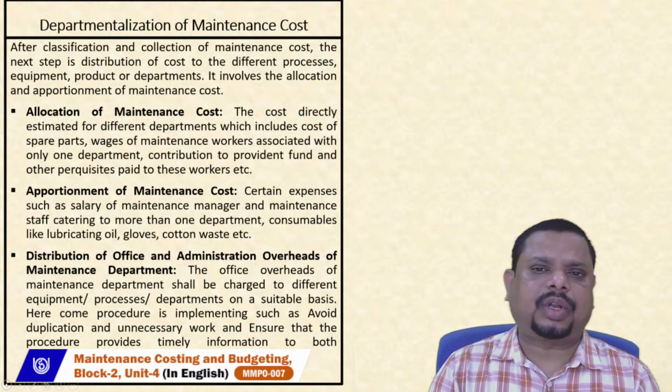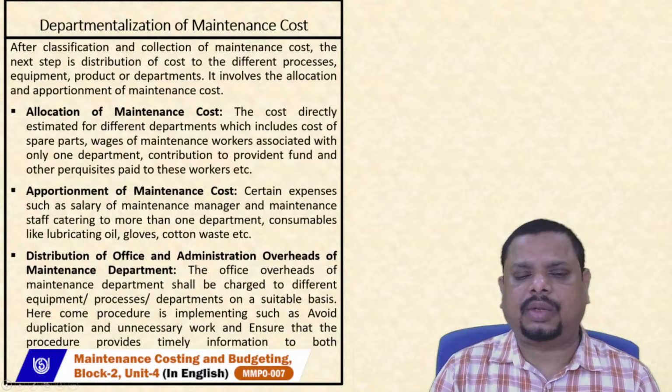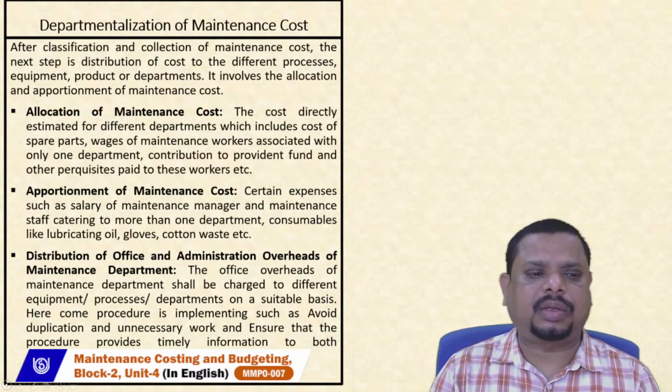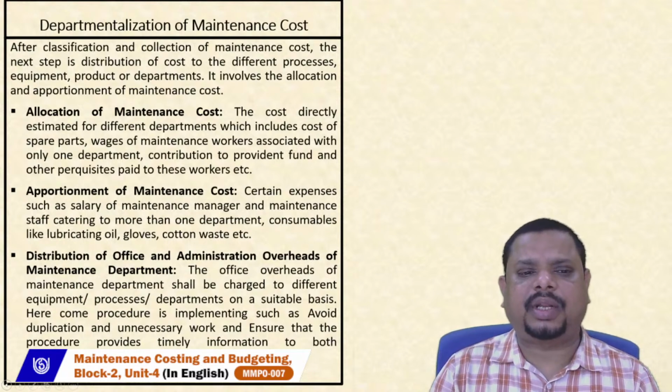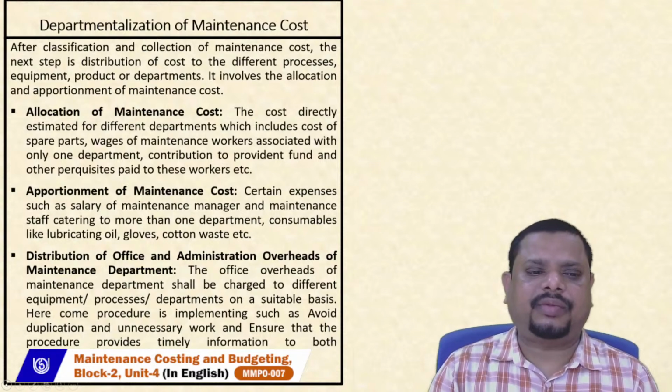Then the next one is maintenance workers. Those are the workers who are directly assigned at the department level as well as the sub-department level. Whenever you consider the maintenance cost of these workers, it includes their provident fund as well as the perquisites to be paid to the worker.